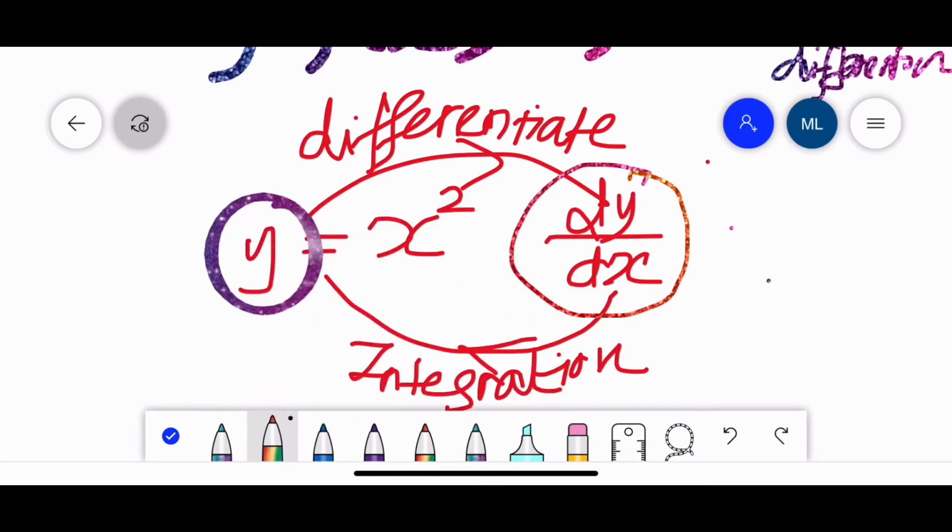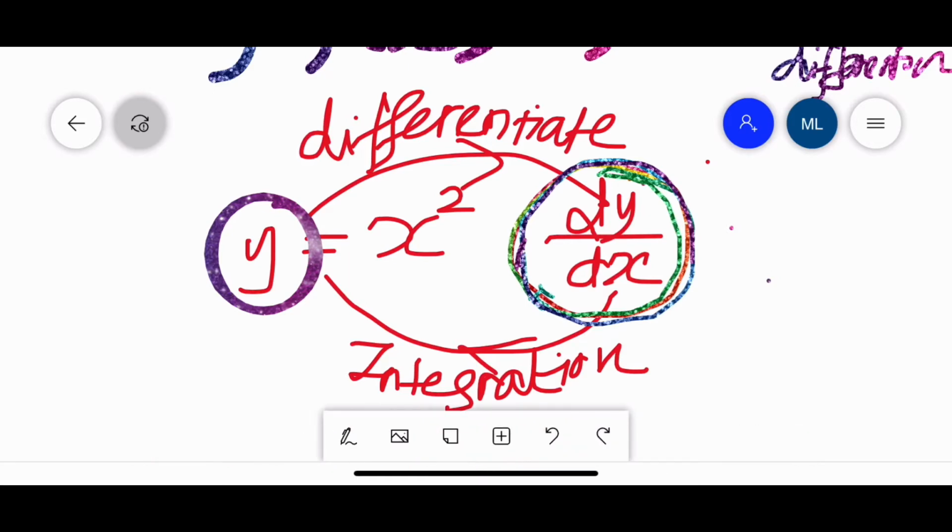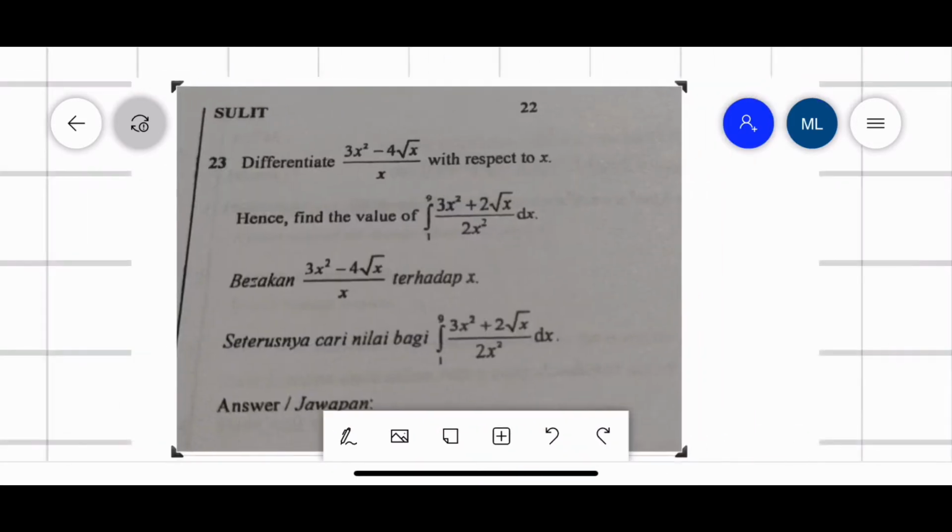So I keep on writing this one, it's actually the third time. When you have the y, you find dy dx, you get 2x. So when you integrate your 2x, you will get the y again. Alright, so this is the basic concept that you must know. Alright, so let's see the question that you sent to me just now.